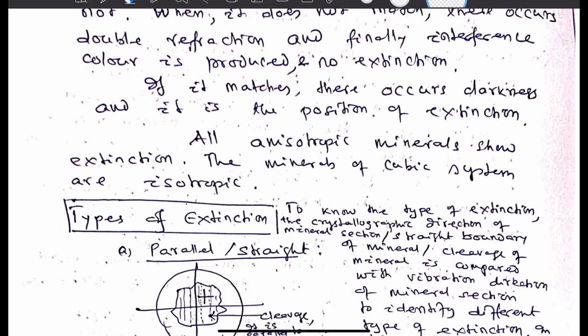This case happens in case of all minerals which crystallize in cubic systems. So the minerals of cubic system are said to be isotropic because light vibrates with equal velocity in all directions, and the light that is coming from the polarizer is not split up into two rays through double refraction.